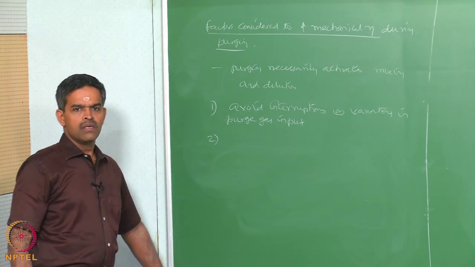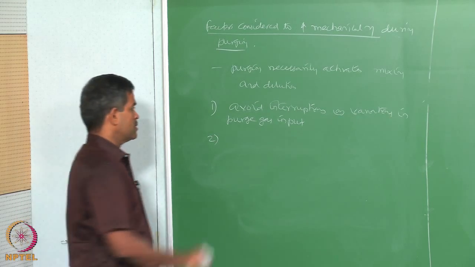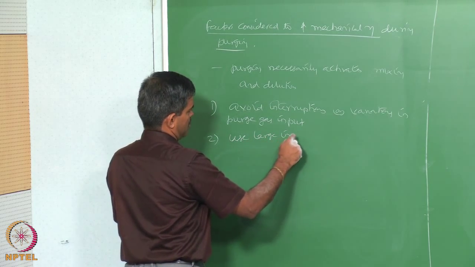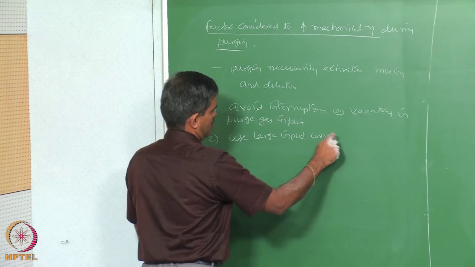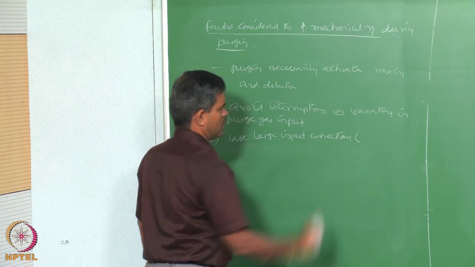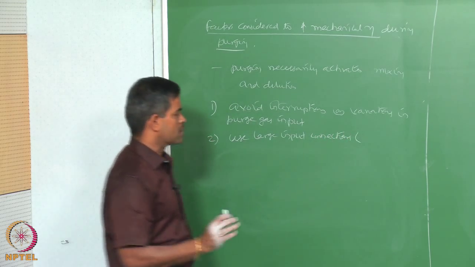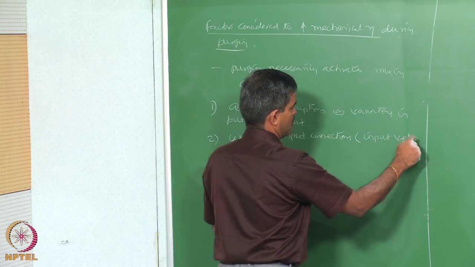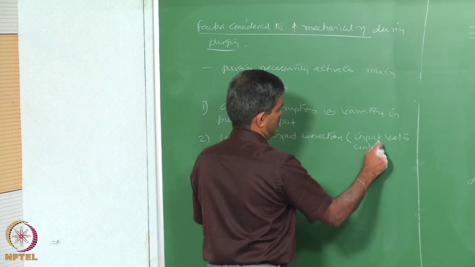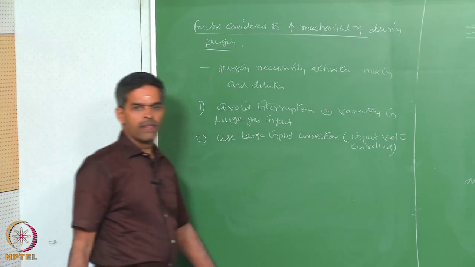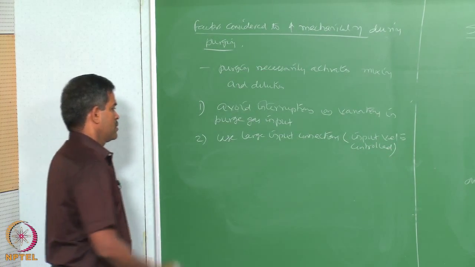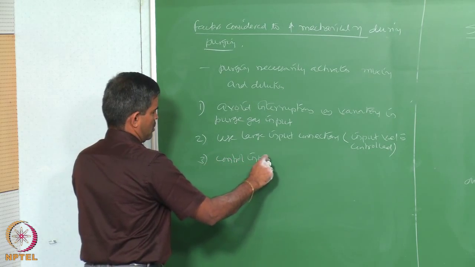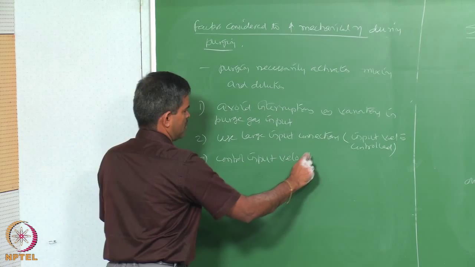Second could be use large input connections, so that the input velocity is more or less controlled. That is the third point, so, control input velocity.